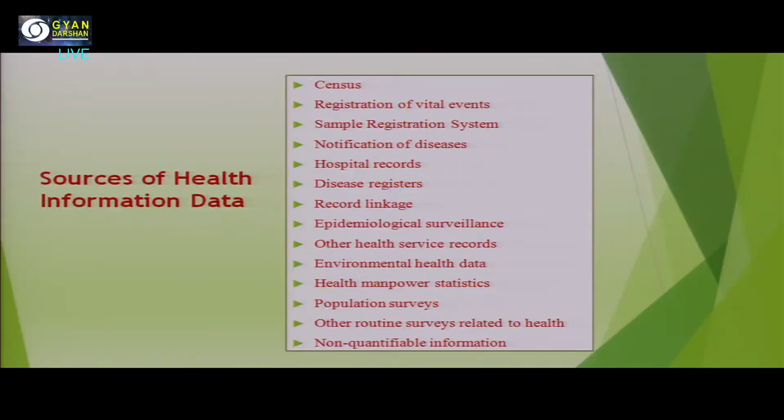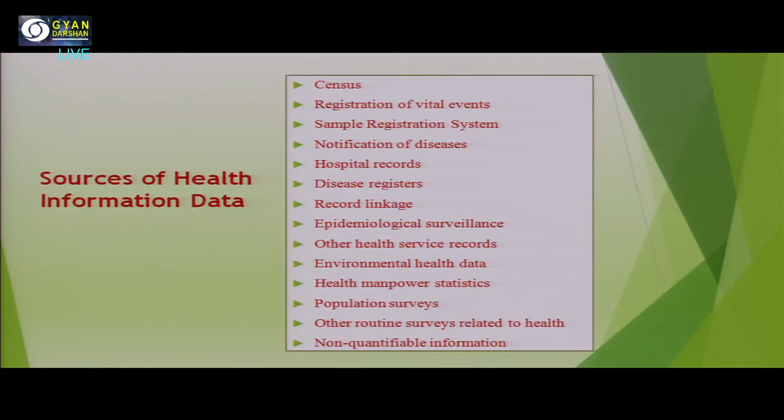So the hospital records are another source of information for collecting data related to morbidity and mortality. Then disease registers, various disease registers. Suppose there is a diabetic clinic, so all patients suffering with diabetes attending a diabetic clinic, patients suffering with hypertension, so disease specific registers are also maintained, and they are a source of health information.